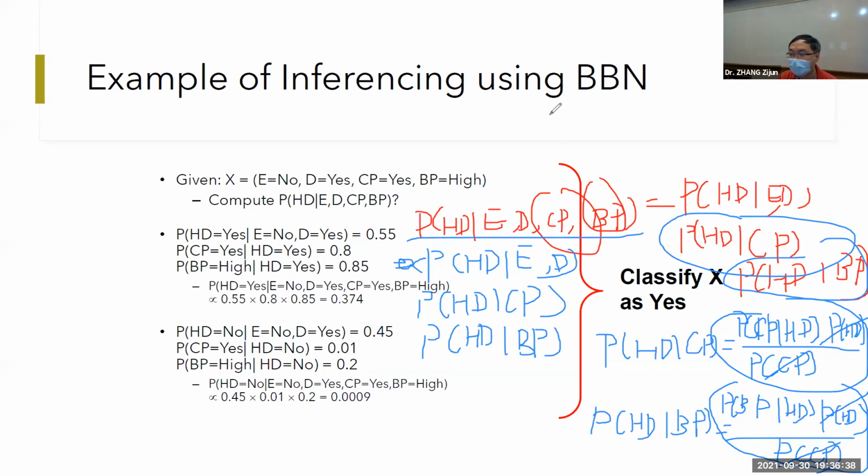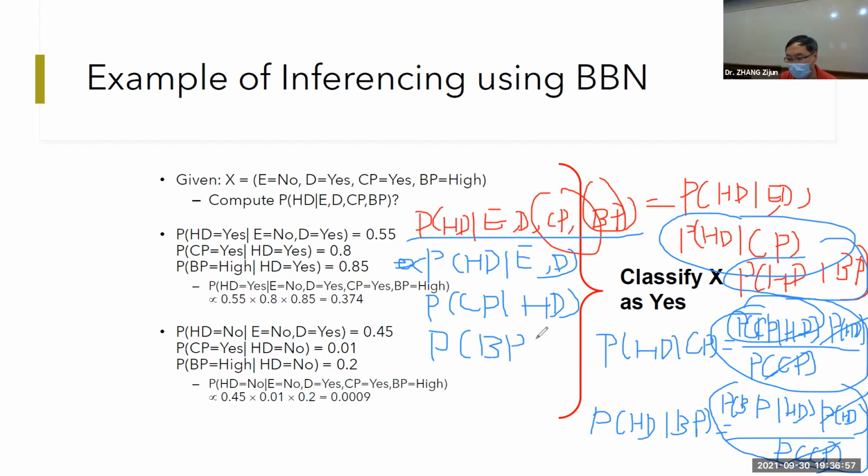Sorry, I made things wrong. P(CP | HD), it's this term, we take out this term, and P(BP | HD), we take out this term. And these two terms, because they are the same, we can ignore them. We just look at this proportion.